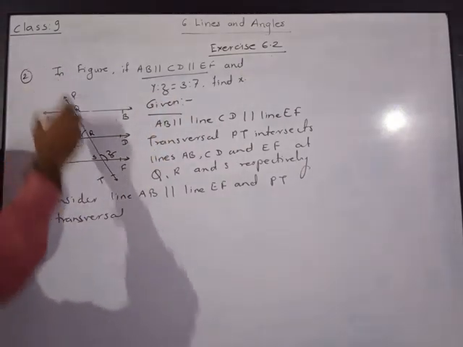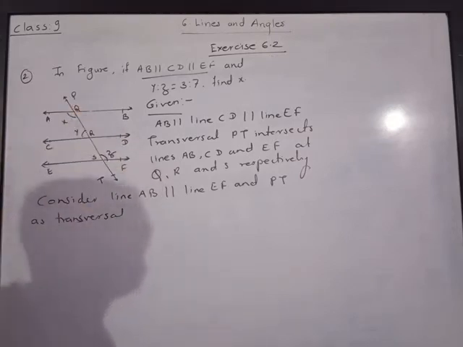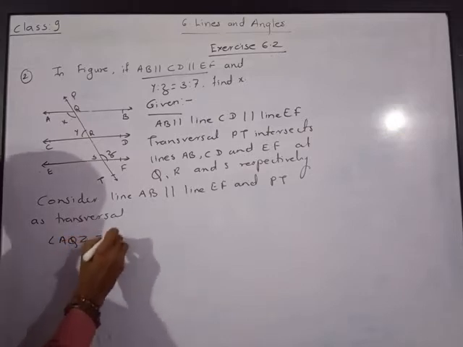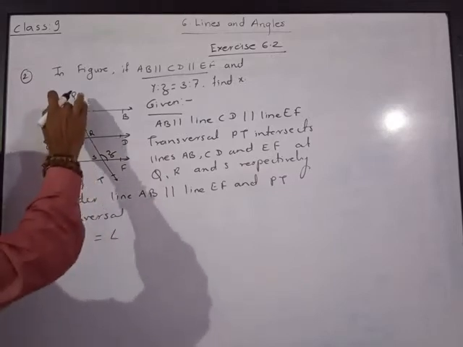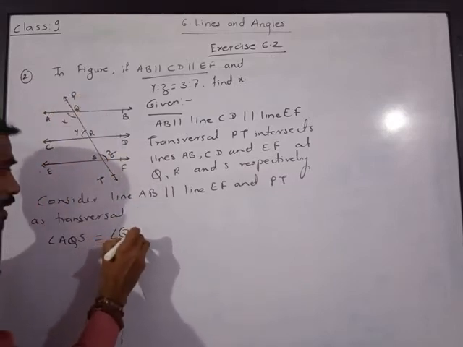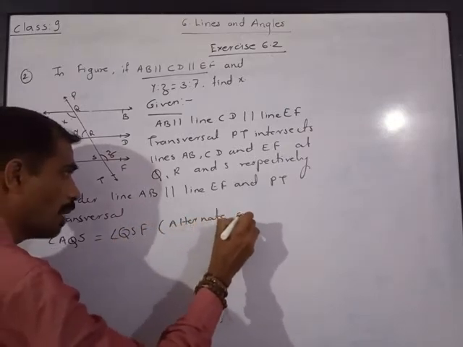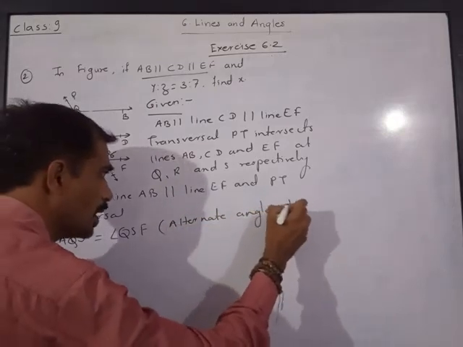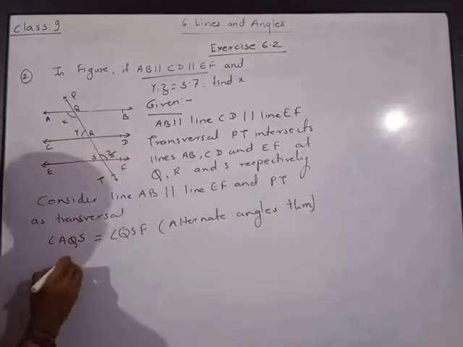If you look at this, you will see that x and z are alternate angles. So you will get angle AQS is equal to angle QSF. Reason: alternate angles are congruent. Alternate angles formed by parallel lines and a transversal are congruent. Now, if these are equal, it means angle x is equal to z.